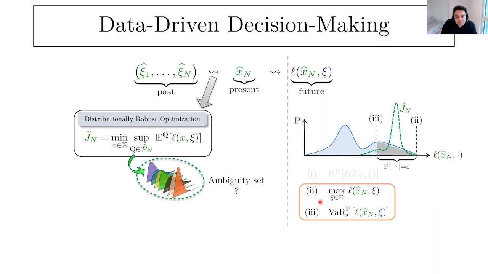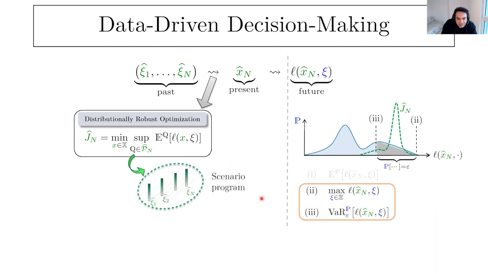And what basically they propose is that they pick the ambiguity set as finitely many distributions, and each distribution is just one Dirac distribution concentrated on one of the scenarios that we have. So this is what they call a scenario program, because you have n scenarios. Each of them is actually one distribution fully concentrated on one data point.